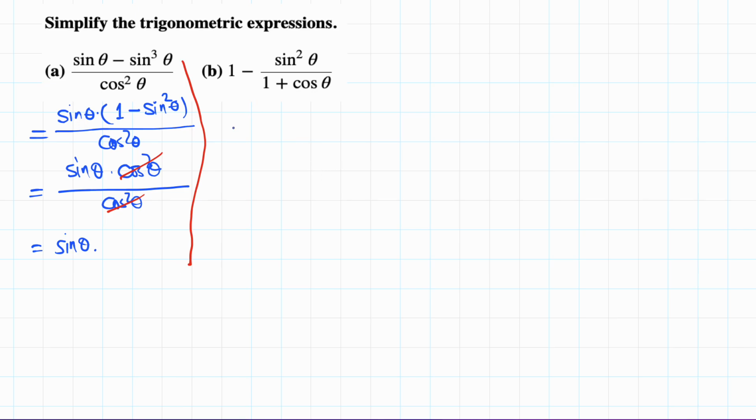When you have 1 minus x over y, we can multiply this 1 by y over y, so that y would be the common denominator, and y times 1 minus x on the top. So we need to multiply 1 by 1 plus cosine theta over 1 plus cosine theta.